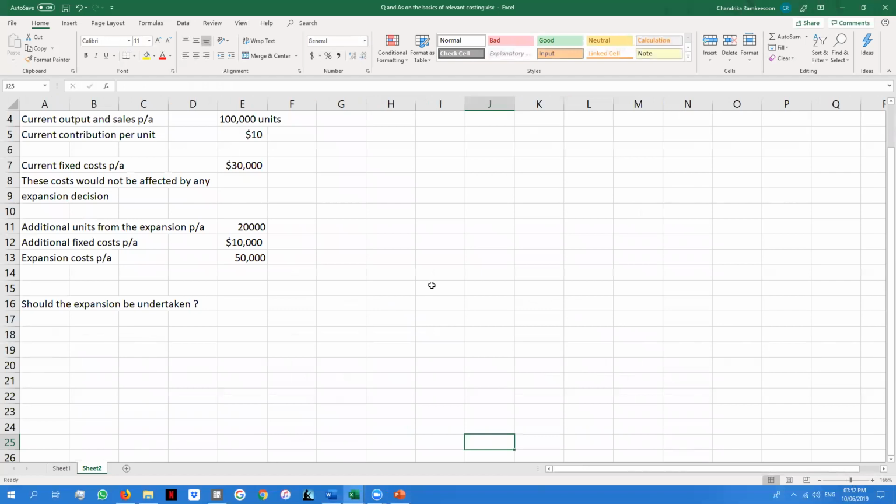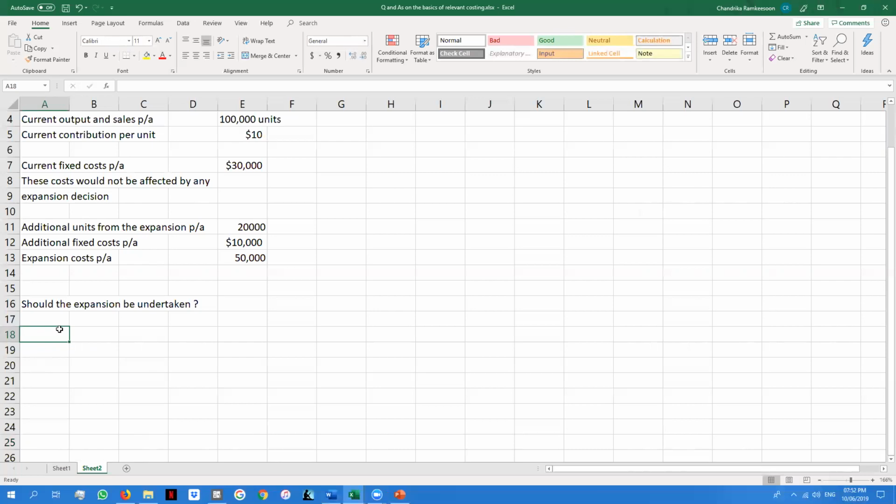Right. Okay, so let's work it out. Should the expansion take place? Now I'm going to use certain terms here, which we actually met on the handout a few minutes back. Incremental. Remember, I told you that you would see different terms used to describe relevant costs.